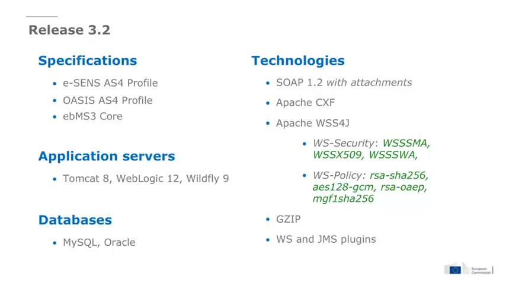The technologies around the operational aspects of Domibus are based on SOAP 1.2, Apache CXF, which is an open source framework supported by a large community, Apache WSS4J, that's Web Service Security and Web Service Policy, and gzip for the compression. It can also use either a web service plugin or a JMS plugin. This depends on the use case for the organization adopting this technology.